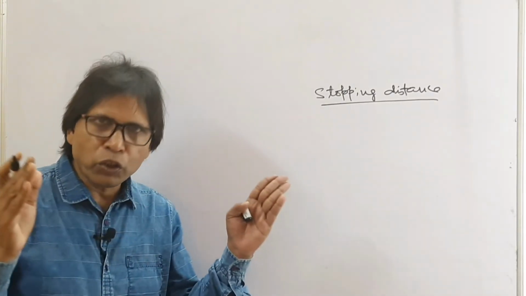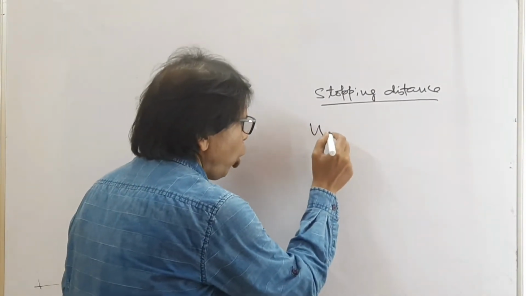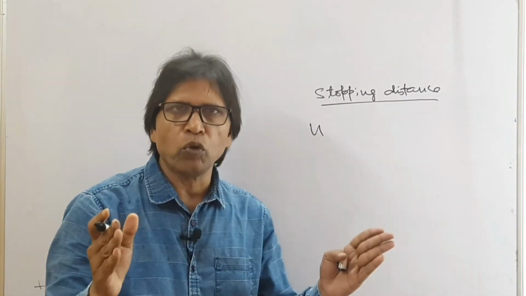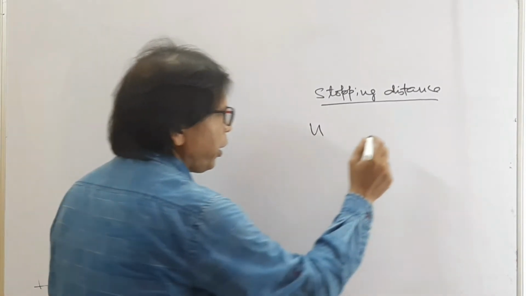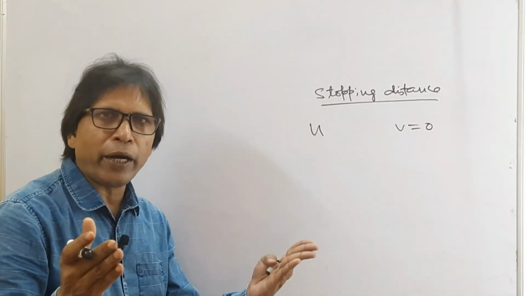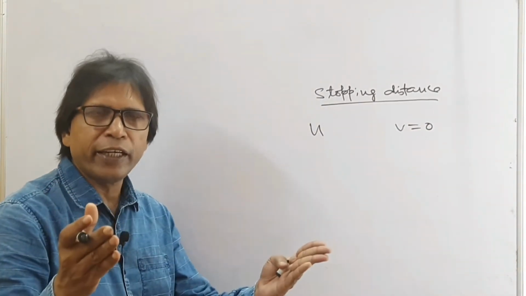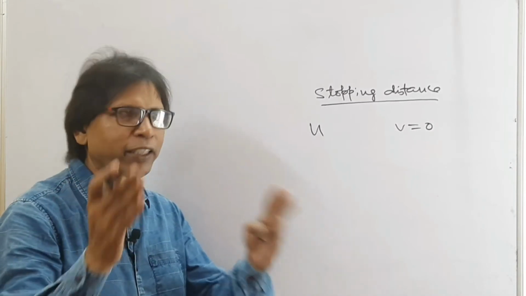Okay. Now stopping distance. Suppose the initial velocity of a particle is u and the final velocity v equals 0. If s is the distance covered before coming to rest, then this distance is known as stopping distance.